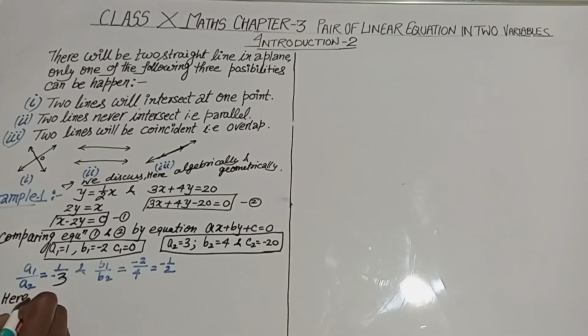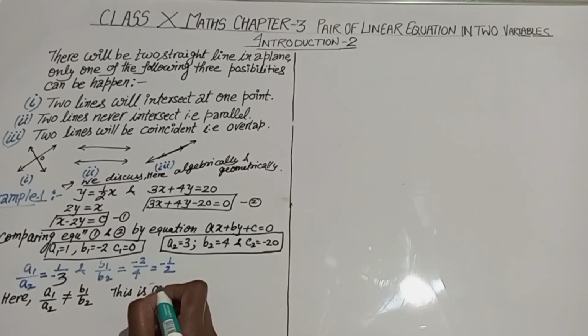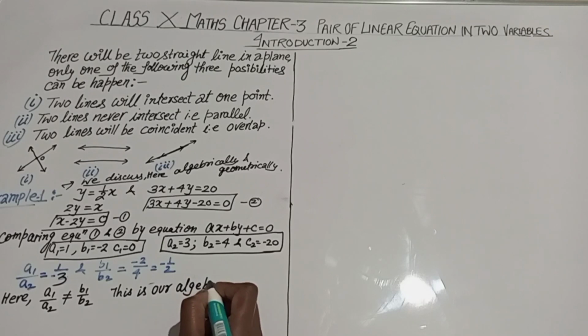Here a1 upon a2 is not equal to b1 upon b2. This is our algebraic result.